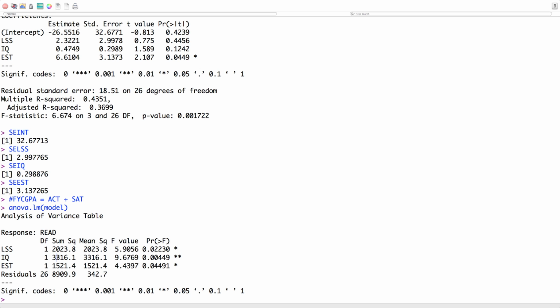For IQ, given that LSS is in our model, the additional sum of squares of 36, is it statistically significant?